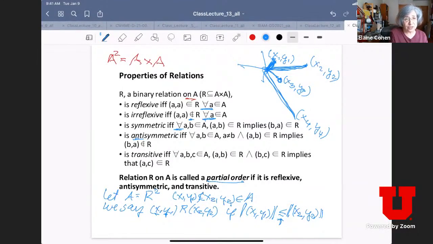So it is transitive. So what we have is a relation that is reflexive, neither symmetric nor anti-symmetric, and transitive. Okay?